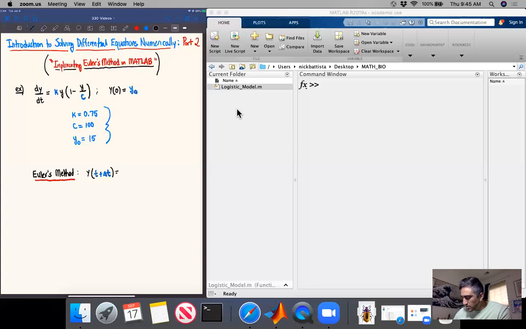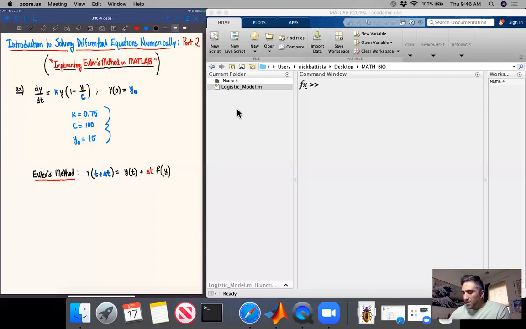Well, that's equal to the previous time step value of y, or just y at time t, plus the incremental time step, delta t, that small value that we're jumping forward in time, all times the original right-hand side of our differential equation, f of y.